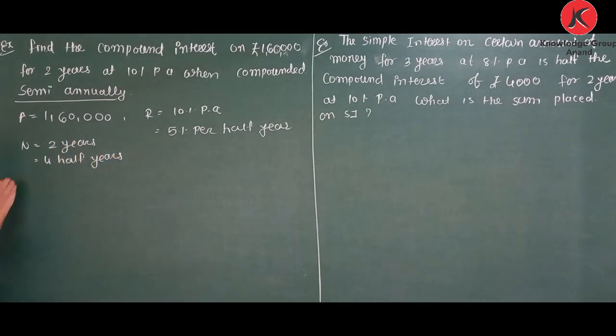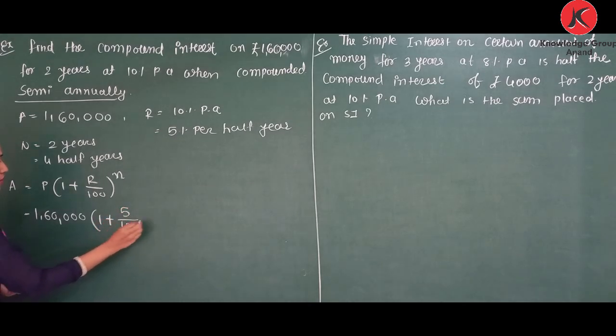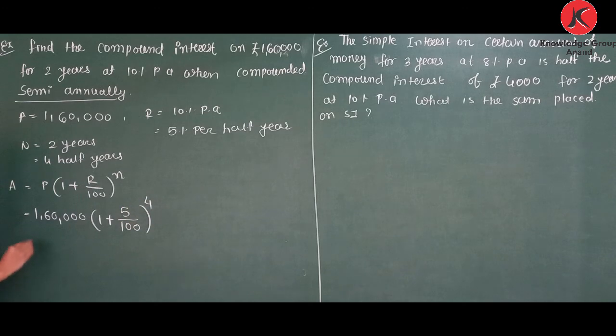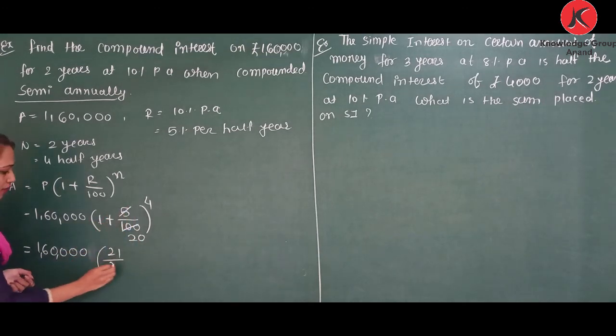Okay, now we can write that amount is equal to P (1 + R/100) raised to n. P, that is 1,60,000, (1 + 5/100) raised to 4. So here we can write 5 20s are 100, 1,60,000. 20 ones are 20 plus 1, 21 by 20 raised to 4.